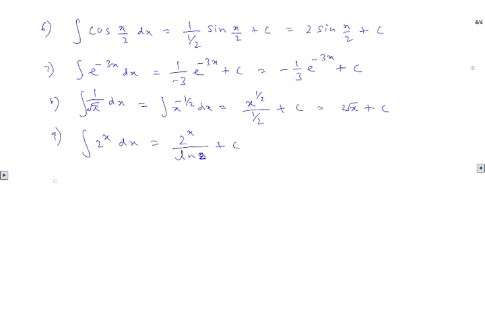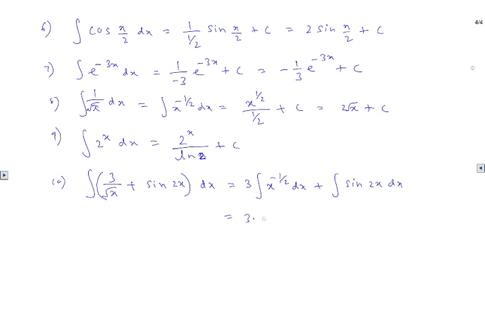And then number 10. Let's do a little more complicated one. How about we have the integral of 3 square root x plus sine 2x dx. How can we do it? You can take this number out. You can rewrite this one as x to the negative 1/2 as before, dx, plus sine 2x. You split them and do them one by one.